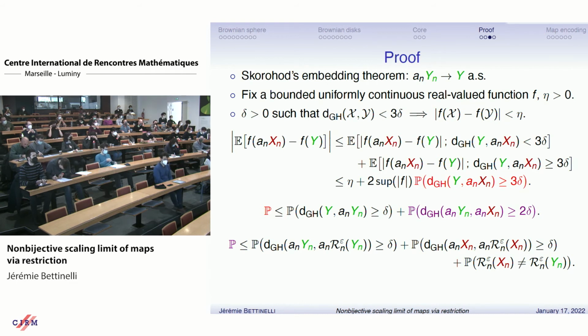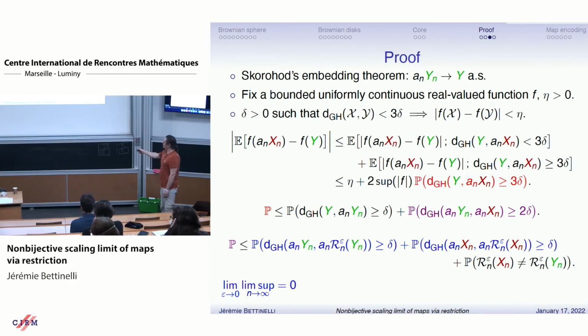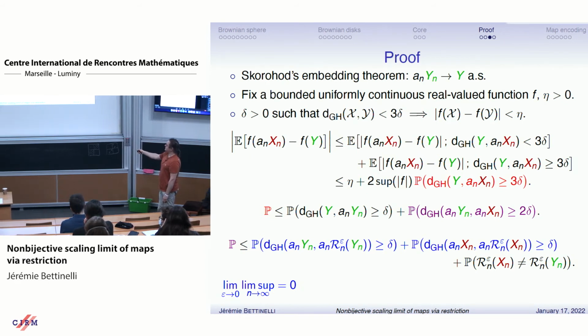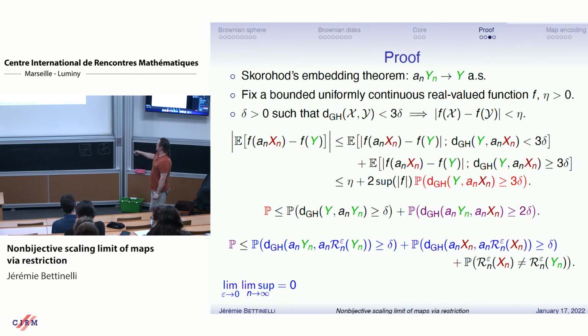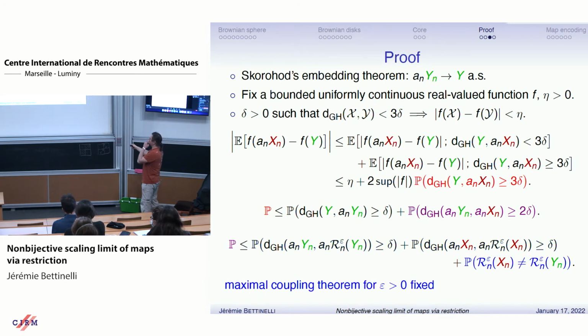And then, using the technical estimates, you see that these two terms, the first line and the second line, are small. The first estimate exactly tells you that these are small. And the second estimate tells you that with a large probability, the restrictions are the same. So the probability that they are not the same is arbitrarily small. OK.